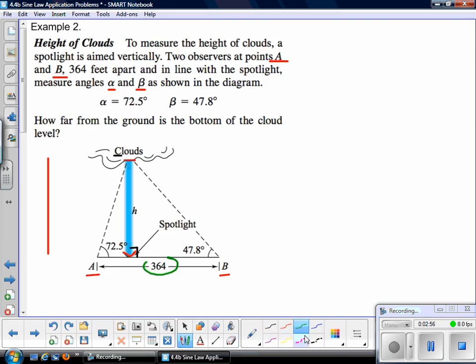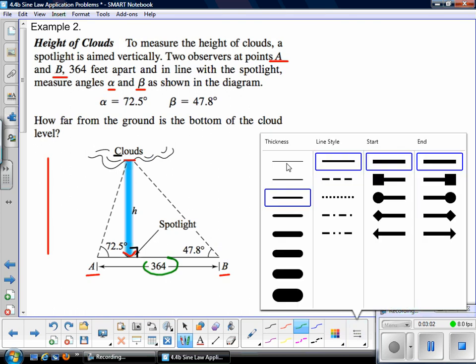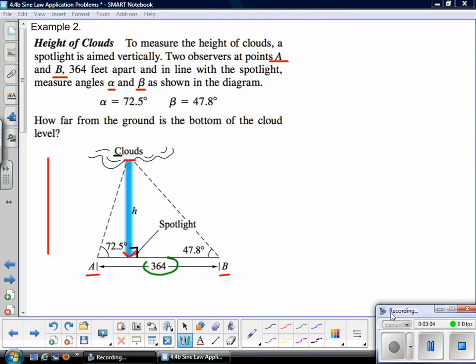So let's go back to the question. The sum of the interior angles of a triangle needs to be 180 degrees. So that's the first thing we're going to do. Angle C is going to equal 180 degrees minus our 72.5 and our 47.8.